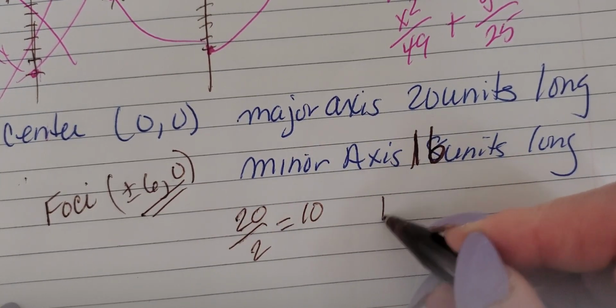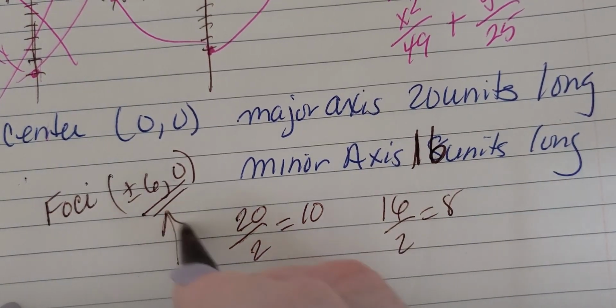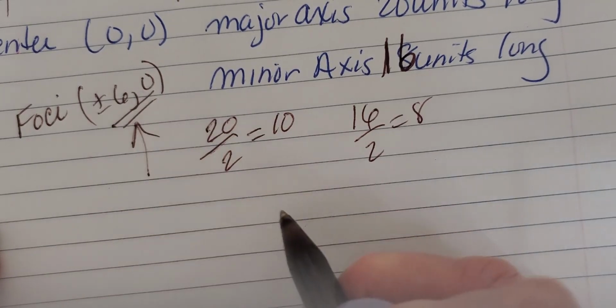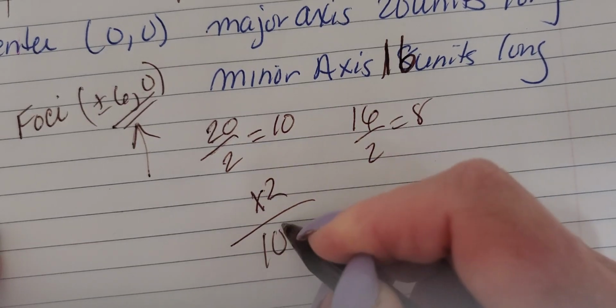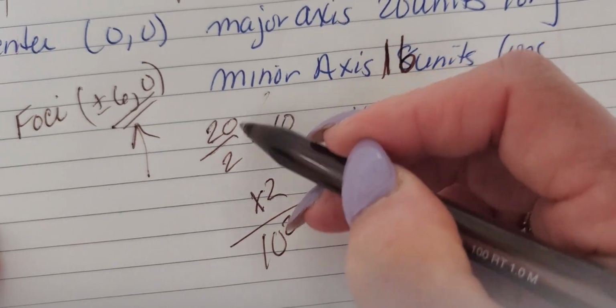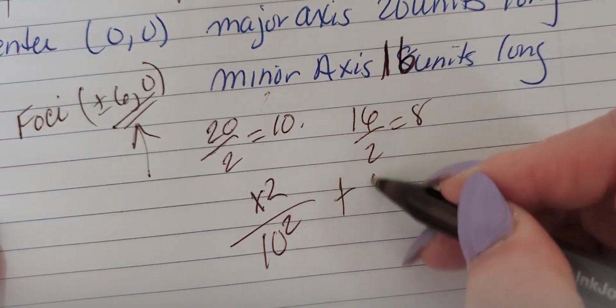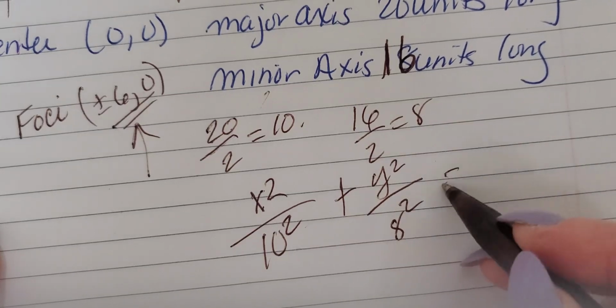And you're going to take 16 and divide that by 2 and get 8. Because of the way the foci are written, that's going to tell you that it's x squared. And remember, the length of the major axis is always twice what a is. So that means b is 8 squared.